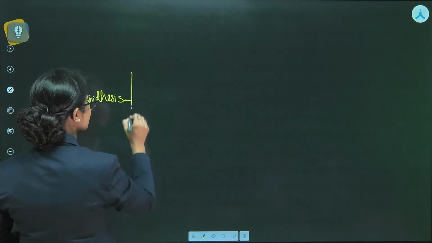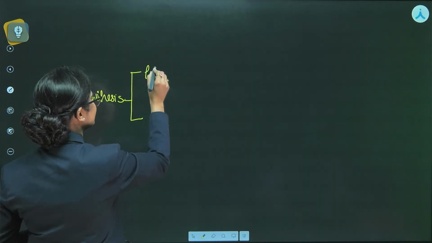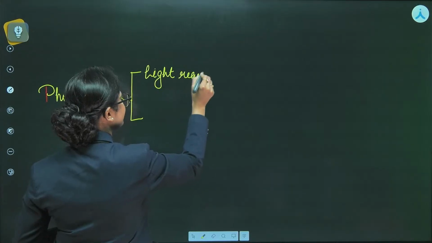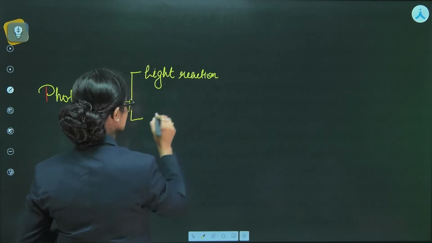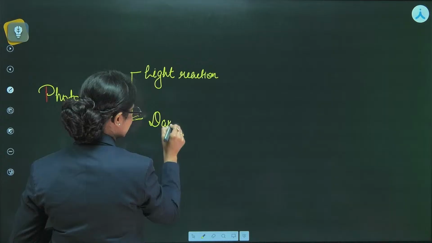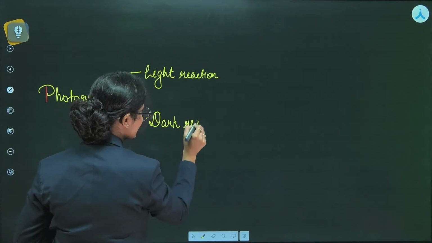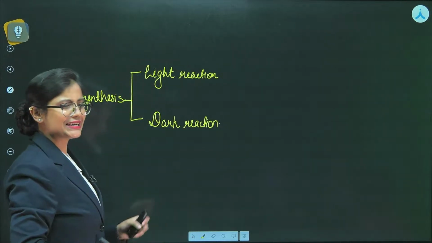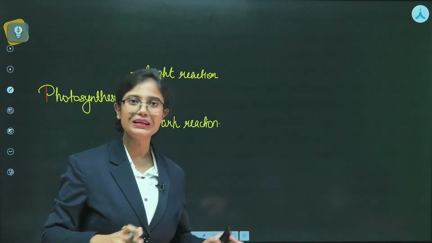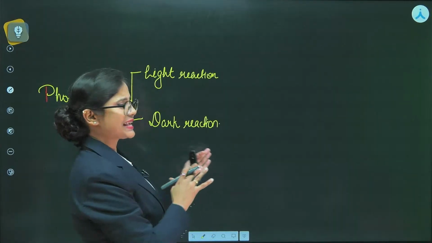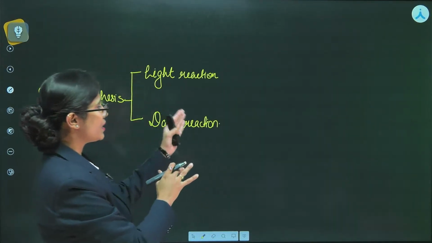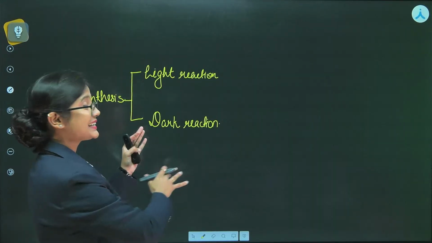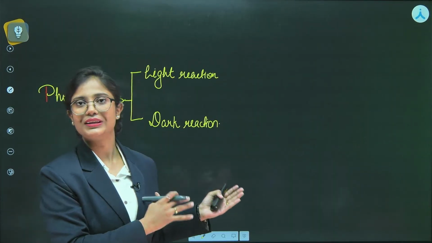Those are light reaction and dark reaction. जैसा कि नाम में खुद ही है कि light reaction in the presence of light, but dark reaction, it does not mean that it occurs only in dark, right? It is actually a misnomer. Why? Because it utilizes the products formed in the light reaction, but it is not directly dependent on the light.